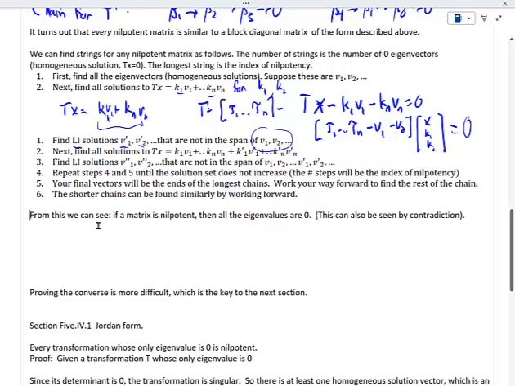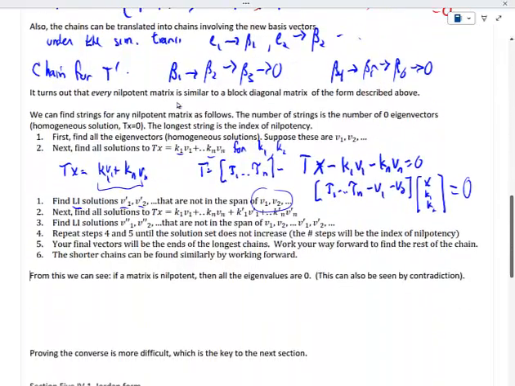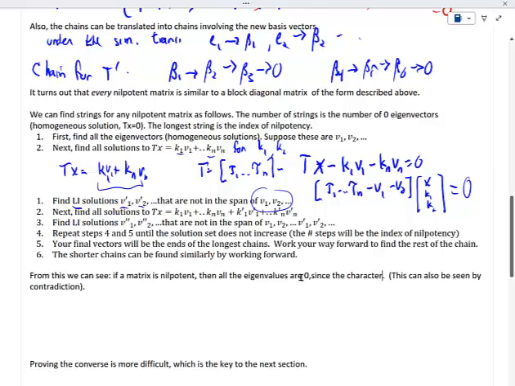From this, we can see that if a matrix is nilpotent, then all the eigenvalues are 0. Look at the matrix here. The only eigenvalue of this matrix is 0. Think about taking the characteristic polynomial of the block subdiagonal matrix.